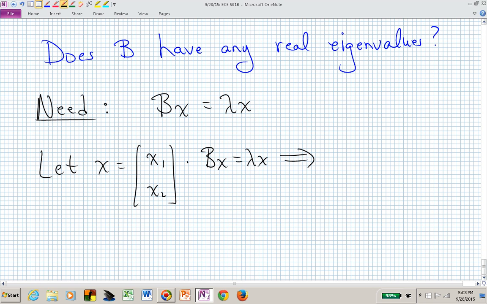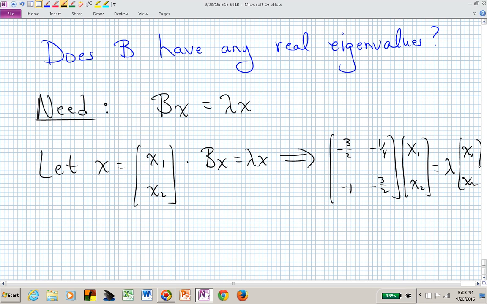Now, with this parameterized vector for x, we now have B, which is minus 3/2 and minus 1/4, and minus 1 and minus 3/2, times x1, x2. And we want that to be some scaled version, that's lambda. In this case, can lambda be real and still leave us in that same direction, x1, x2?